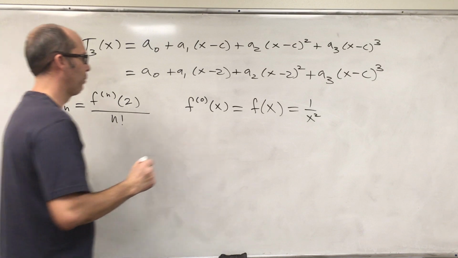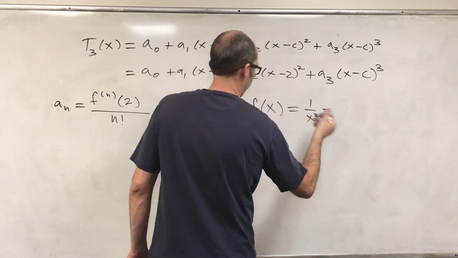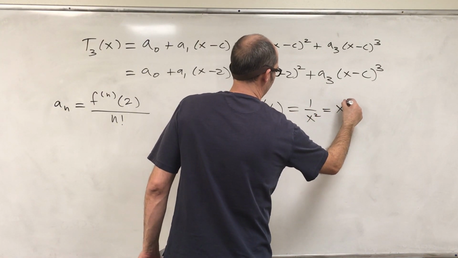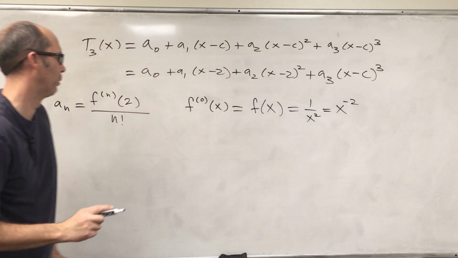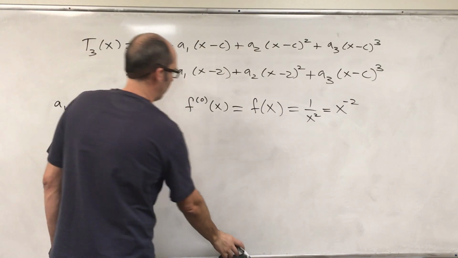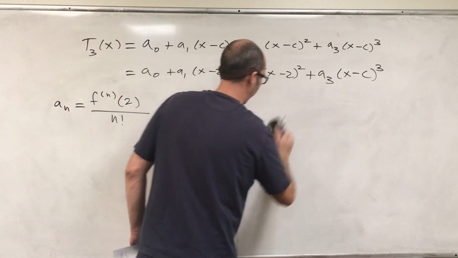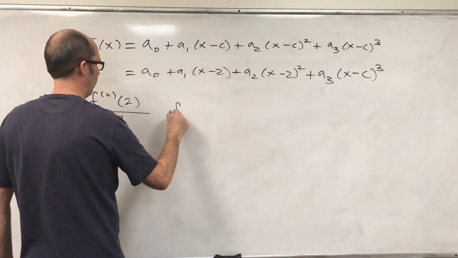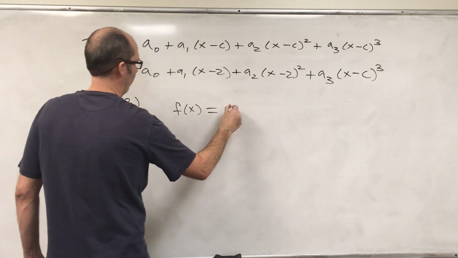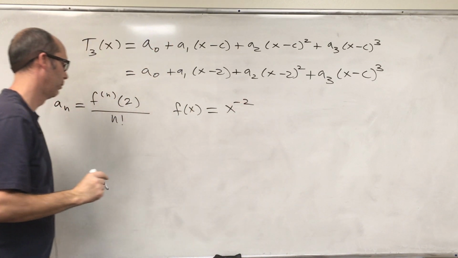And now we might as well set up to take multiple derivatives, so I'll write it as x to the negative 2. Let's say f of x is x to the negative 2.